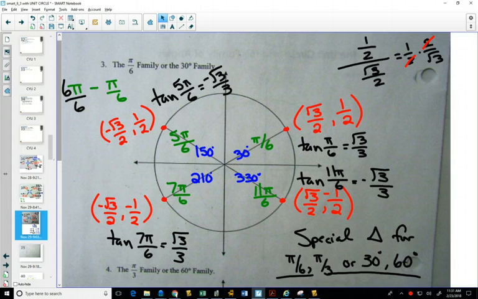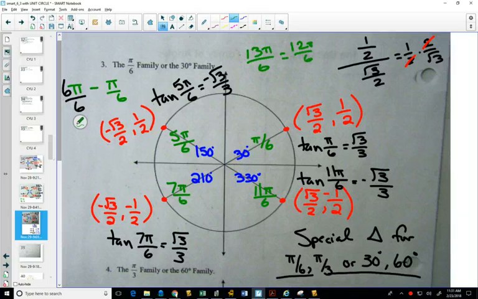Now, if I had done sine of 13 pi over 6, you would have to figure out where 13 pi over 6 ends. And 13 pi over 6 is the same as 12 pi over 6 plus pi over 6. Would you agree that 12 pi over 6 plus pi over 6 would be 13 pi over 6?